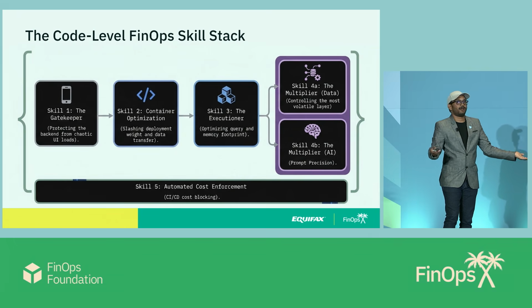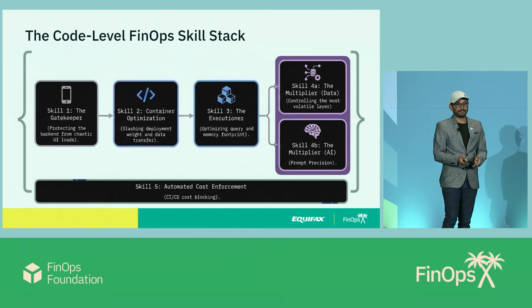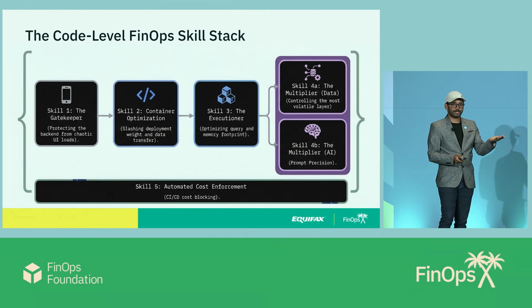You can also inculcate all these skills at the IDE level. As I spoke about the front end, and container optimization at the back end, there is the executioner at the SQL level. And skill 4A is all about the most volatile layer that I was talking about, the AI, where it would generate not just a simple prompt, but a FinOps prompt in the ADKs and the RAGs.